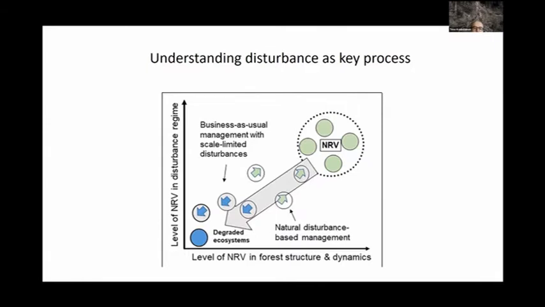And in the same way, if we want to bring the forest back closer to the natural range of variability, we have to change our management system so that the management disturbance is closer to the natural disturbance in this forest.